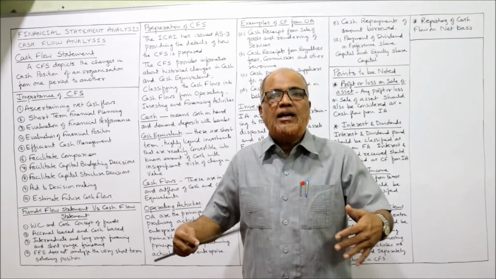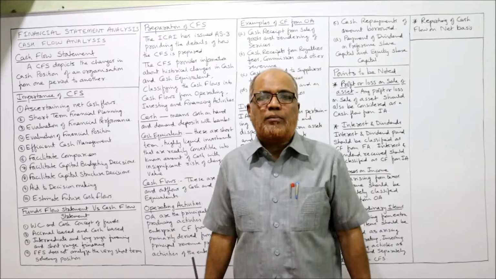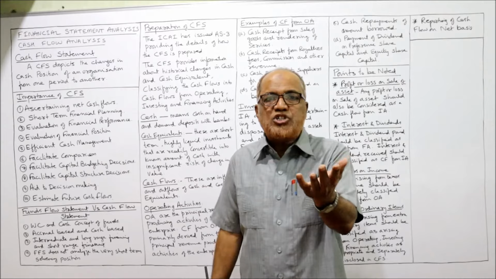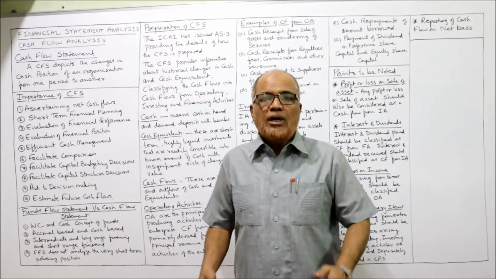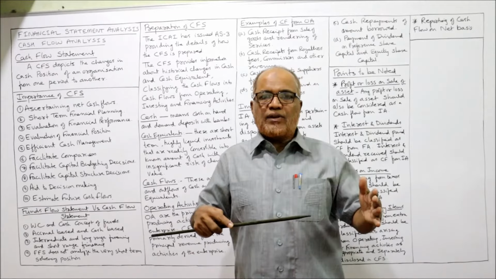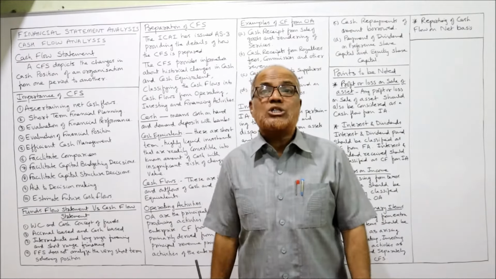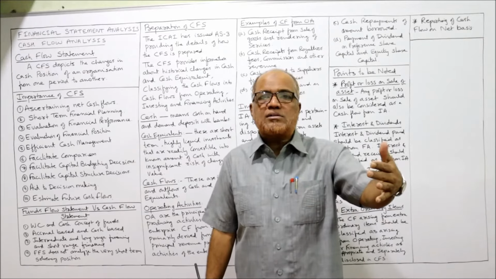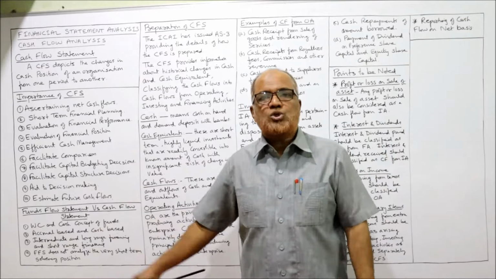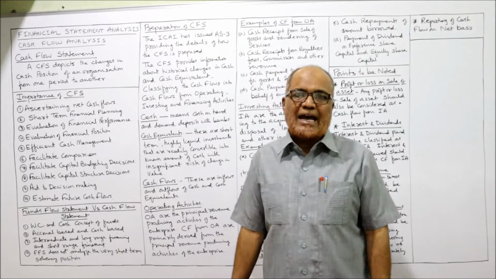It's a difficulty in the liquidity position. The business will not have sufficient cash to meet the obligations on time. So instead of giving more importance to profit, we should give equal importance to cash also. So for evaluating the performance of the organization, the cash flow statement will be very, very helpful to the analysts.